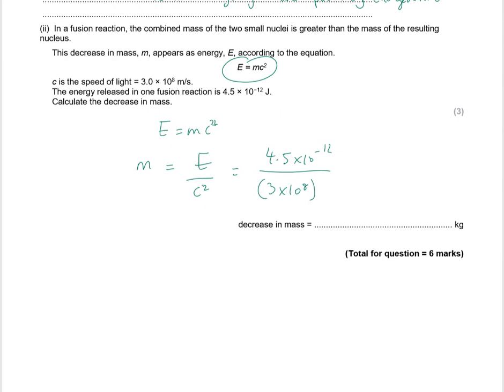Okay, now the squared here, so therefore we need to square this, and we get around 5 times 10 to the power minus 29. Okay, so here we go. So here I've done it to 1 significant figure. Okay, so if you want to leave it in decimals, that's fine.